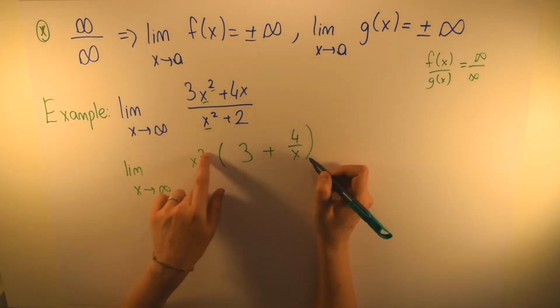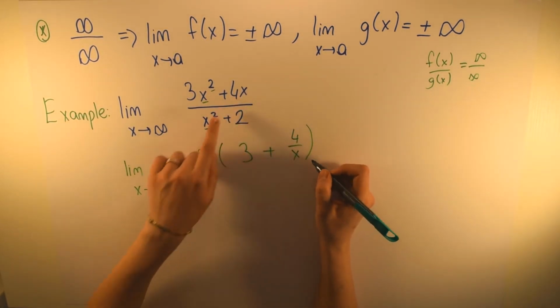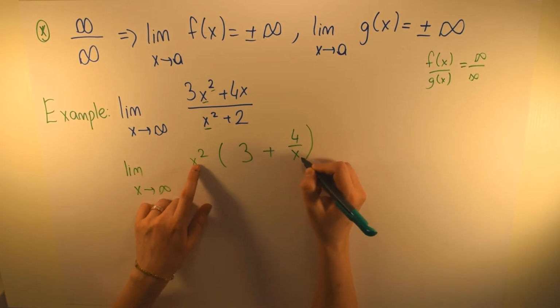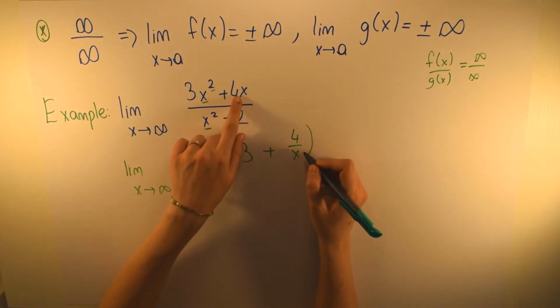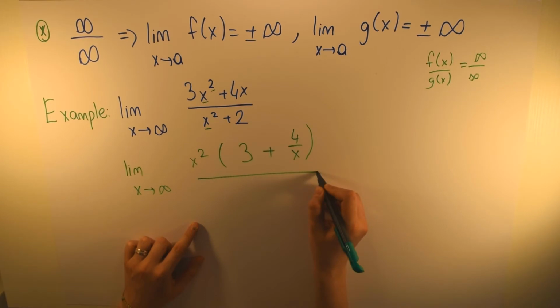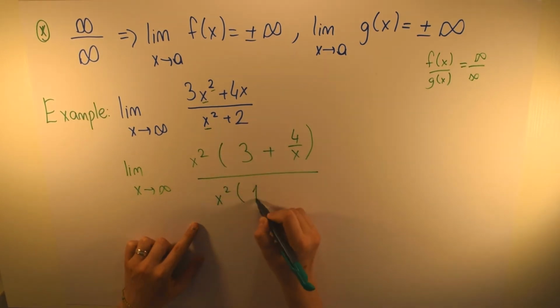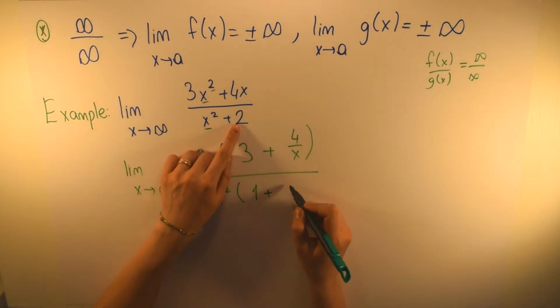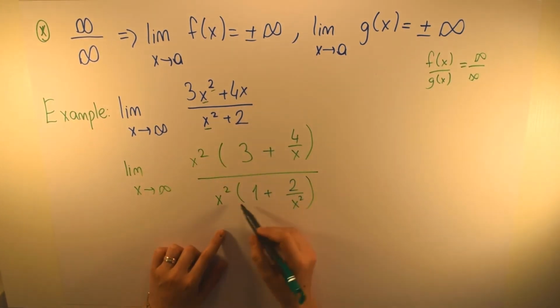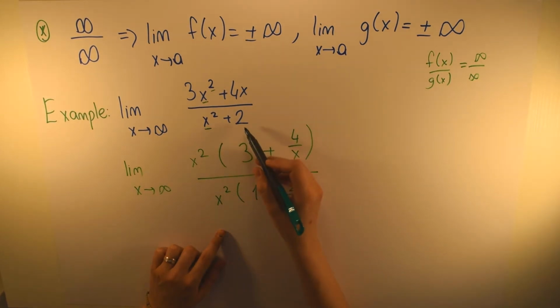Why? When you multiply these two, you get 4x: 4 over x times x squared equals 4x. Over here we have x squared, so it's 1 plus 2 over x squared. Why? Because when you multiply these two, you will get 2.